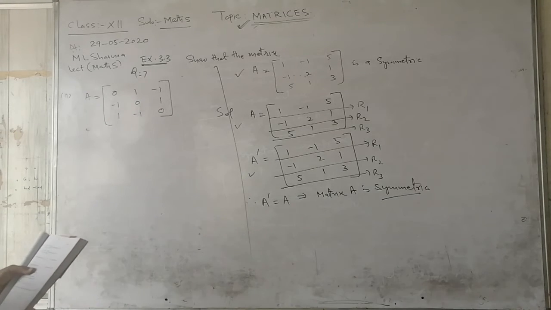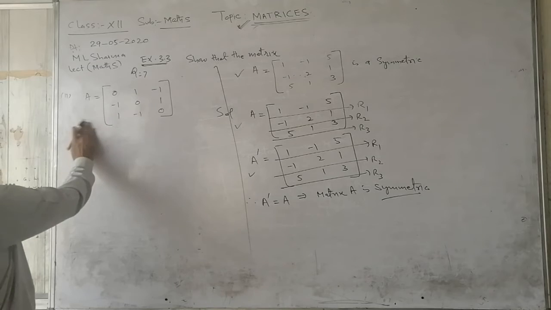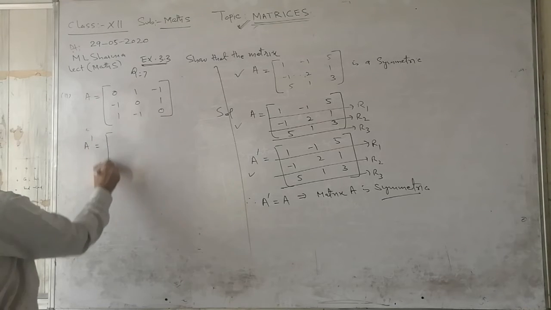So you have to show this is a skew symmetric matrix. So again, this is as simple as this question. So we will find its transpose.